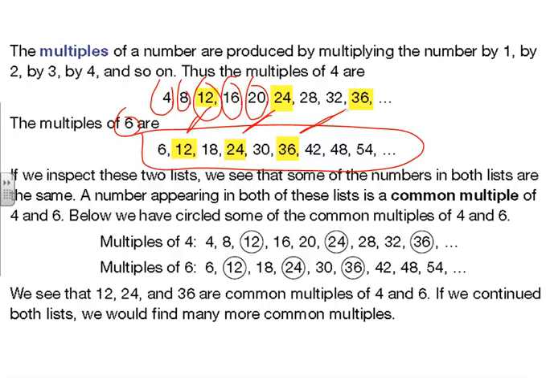Those are the same multiples. So if the question was asking for the least common multiple of the numbers 4 and 6, you would select 12. If we inspect the two lists, we see that some numbers in both lists are the same. The numbers appearing in both of these lists are called common multiples of 4 and 6.